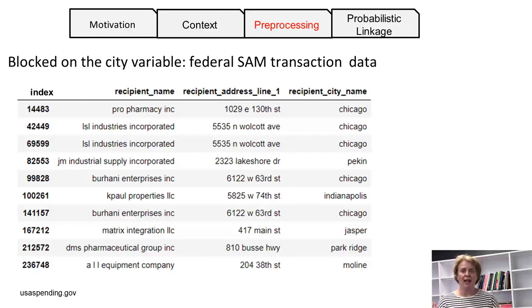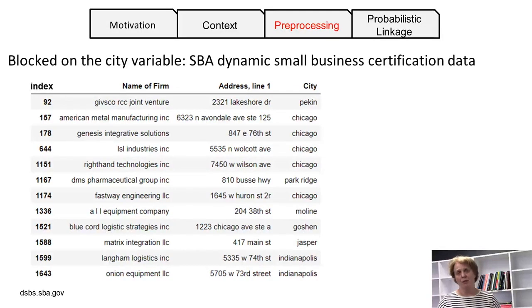One is a transaction level file for government contractors called sam.gov, and the other is a Small Business Administration file. It's quite reasonable that the government wants to know how many of our contracts are going to small businesses. So assume that that's the question that's being asked.